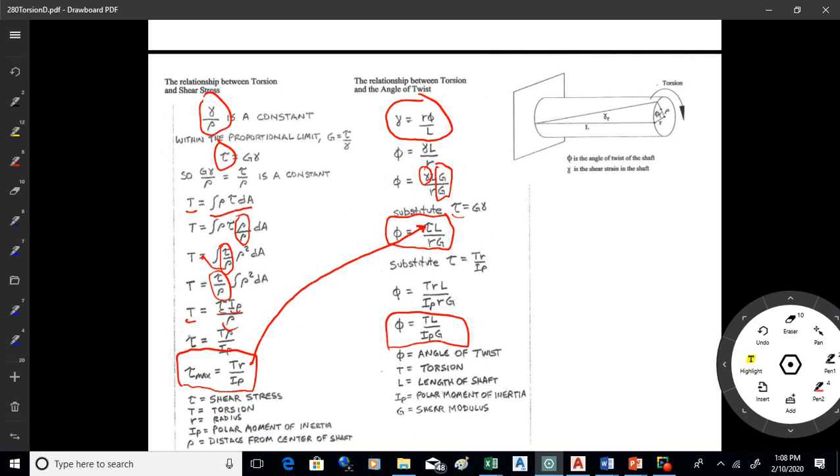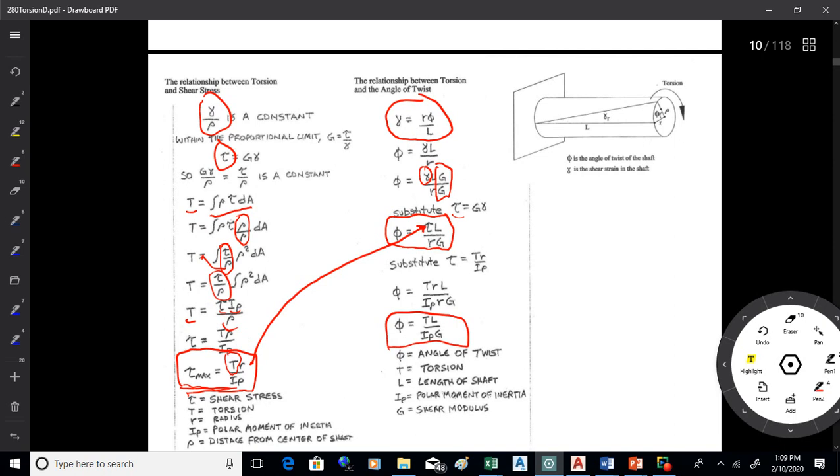So those are the two key things we look at when we analyze and design shafts for torsion. What we look at here is the shear stress, which is equation 91, and the twist angle, which is equation 93. Now these do make a certain amount of sense when you look at them. For tau max, the bigger the torsion applied to the shaft, the bigger the shear stress.